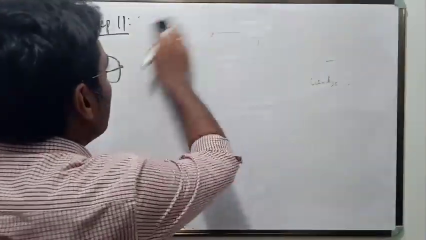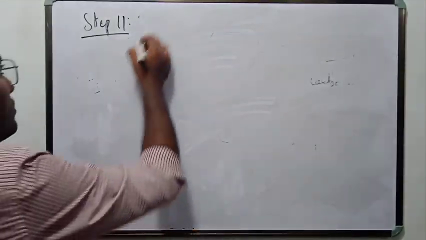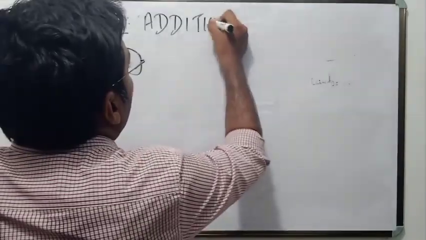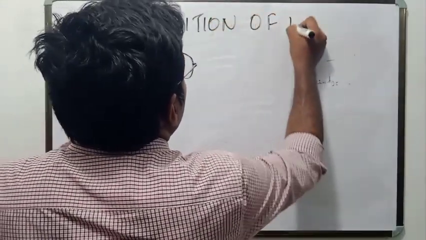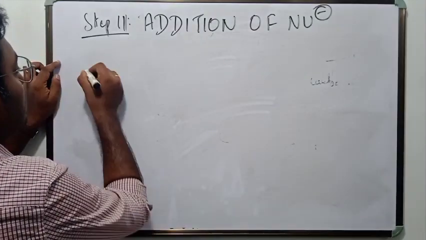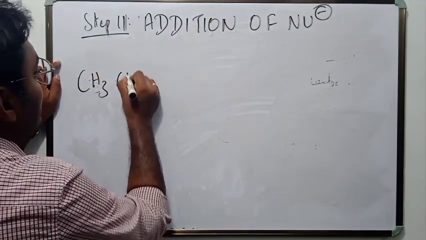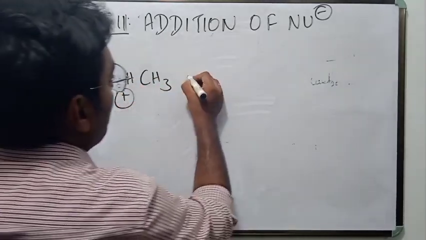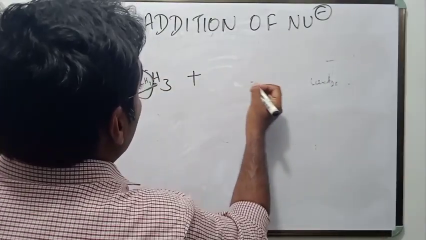Step number 3 is addition of nucleophile. Okay, which is the major carbocation that is formed? The secondary carbocation. Let us write that. So this is the major carbocation, and which is the nucleophile in the system?